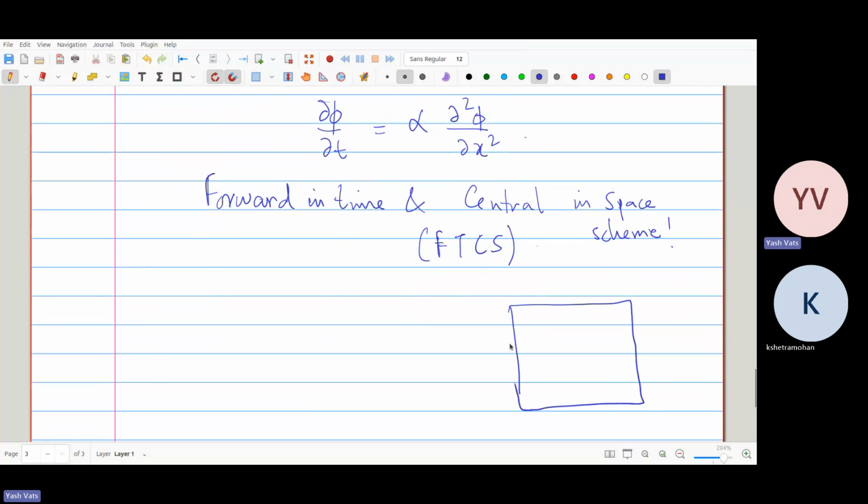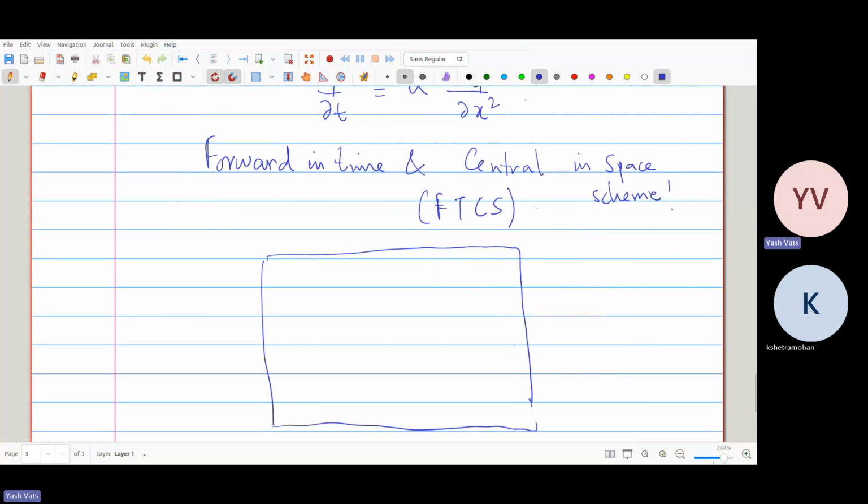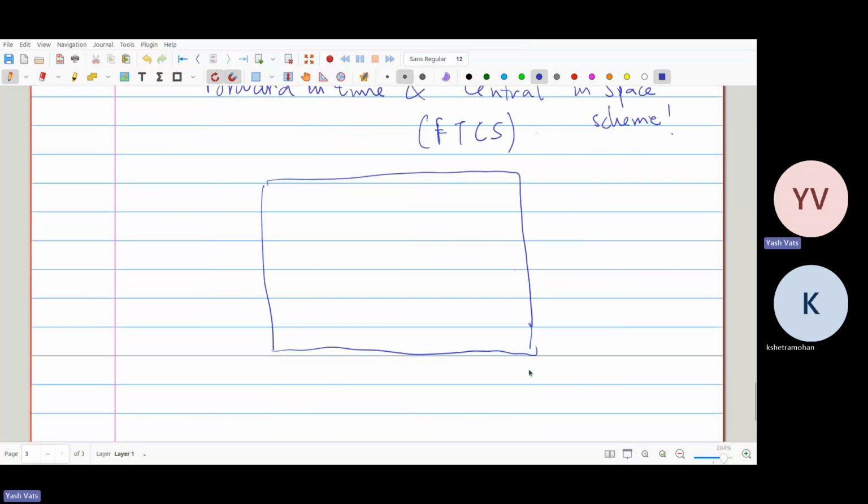Okay, let me make a big grid. So you have the values. On one side you have x, on the other side you have t, and you have some solution u(x,t).